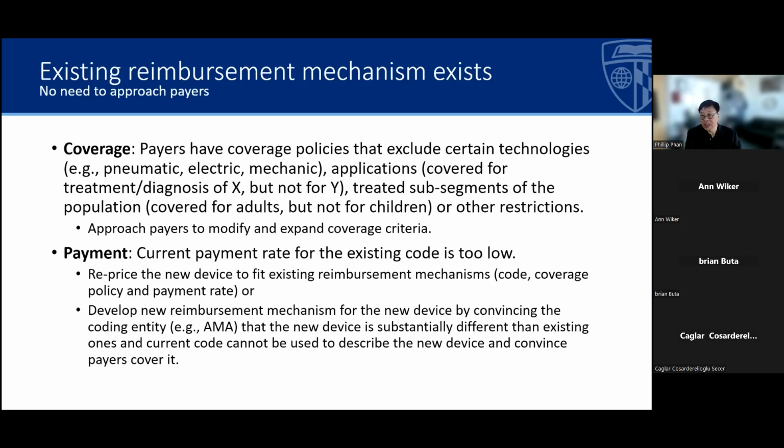Adults and not children, or vice versa. So again, if that's the case, then you should approach the payers to modify or expand the coverage area. And of course, the question they'll ask you is, why should I do that? And your answer should be because it actually provides a superior clinical benefit for this subsegment of the population or this indication, and it's more cost effective. So that "and" is very important, right? It's not just good enough to say it provides a superior clinical benefit.